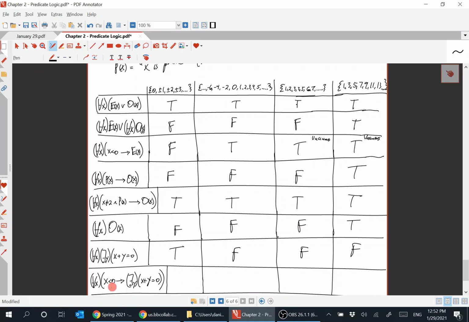The only time an implication is false, again, is when the hypothesis is true and the conclusion is false. So forget about the hypothesis being false. It's irrelevant. Just think of when the hypothesis is true. We need the conclusion to be true as well. So for all the negative numbers in here, does there exist a y such that x plus y is 0? True? False? True.